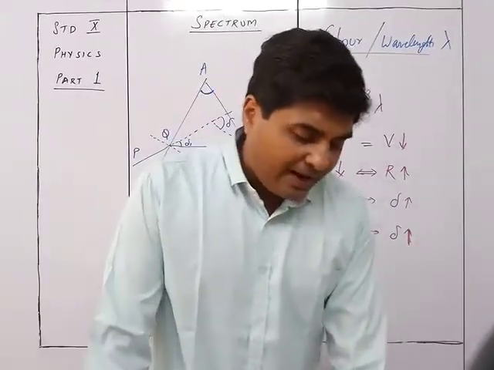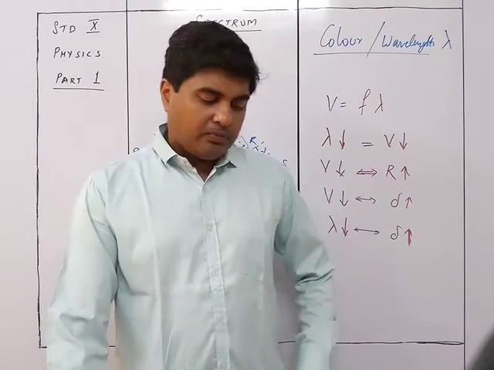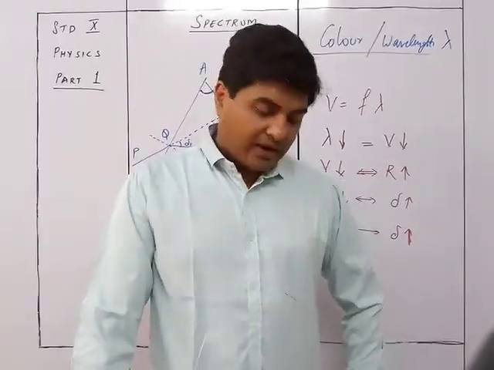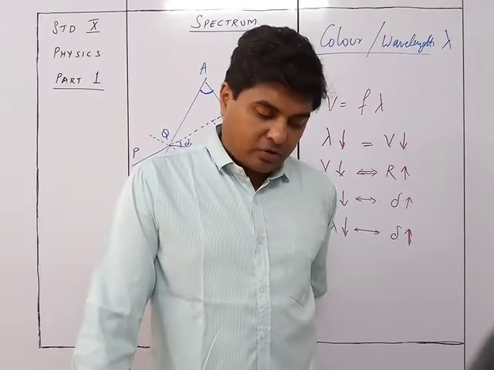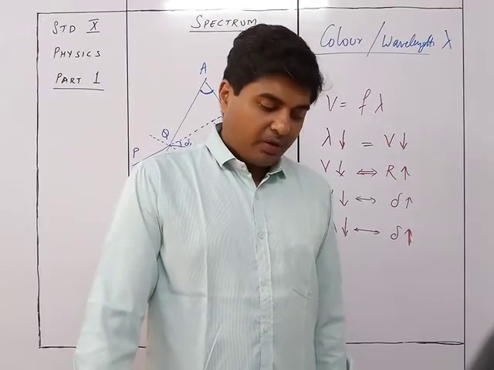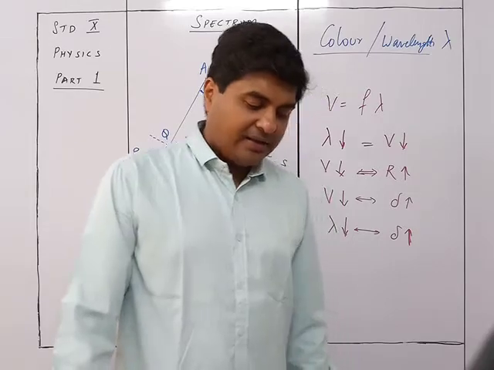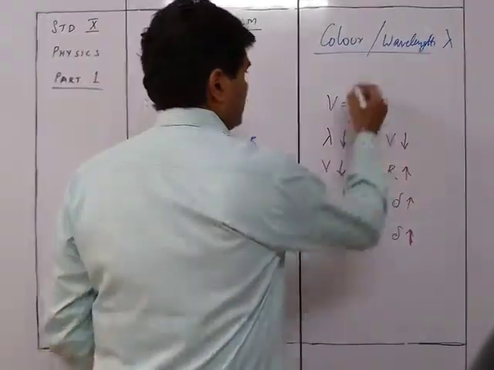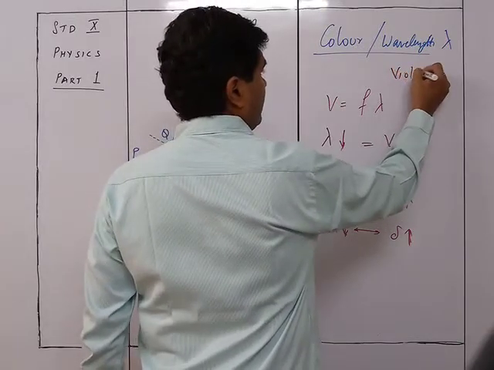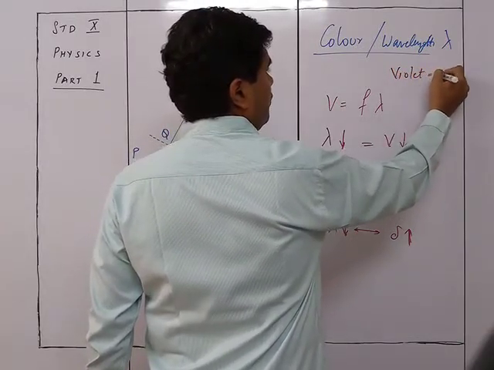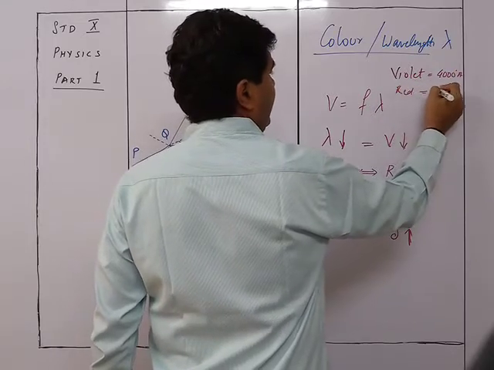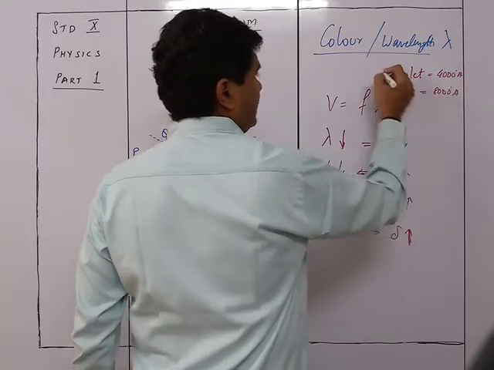In visible light, violet color, that is lambda 4000 angstrom, is deviated the most, and the red color, wavelength 8000 angstrom, is deviated the least. Because in glass, the speed of violet light is least and that of red light is most. So we can see that violet has 4000 angstrom, whereas red has 8000 angstrom as the lambda.